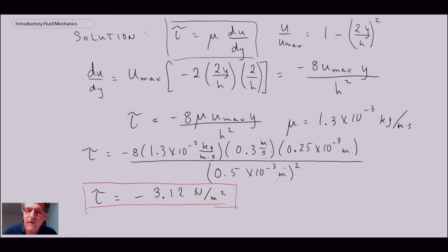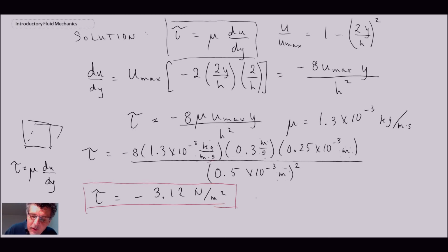Well, it turns out if you go back to the derivation that we used when we came up with tau equals mu du by dy, we were considering a little chunk of fluid as it was deforming, and we came up with a relationship from that. So that is really the shear stress in the fluid, not on the solid. So tau here, as reflected in this result, is actually the shear stress on the fluid. And consequently, the shear stress on the wall is going to be in the opposite direction.